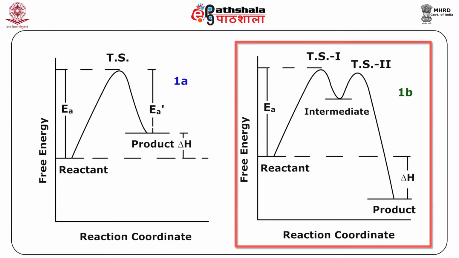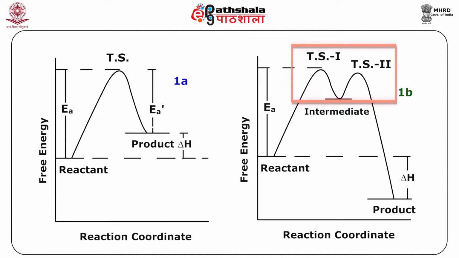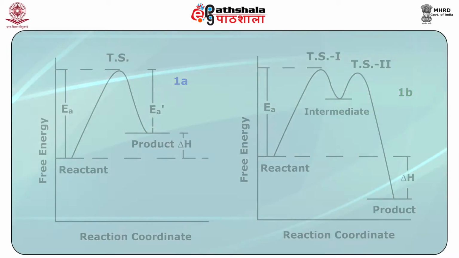While in the second figure the diagram involves a two-step process, and therefore we have two different maxima, that is two transition states, which are represented as TS1, transition state 1, and TS2, transition state 2.